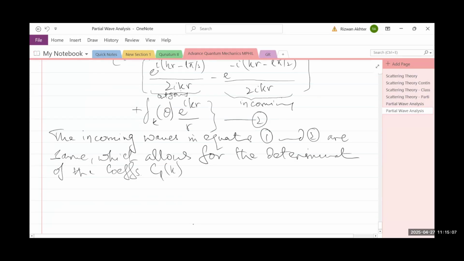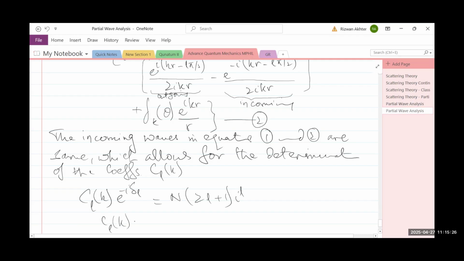And so we have C_L(k) e^{−iδ_L}, which is equal to n(2L+1) i^L, yeah.